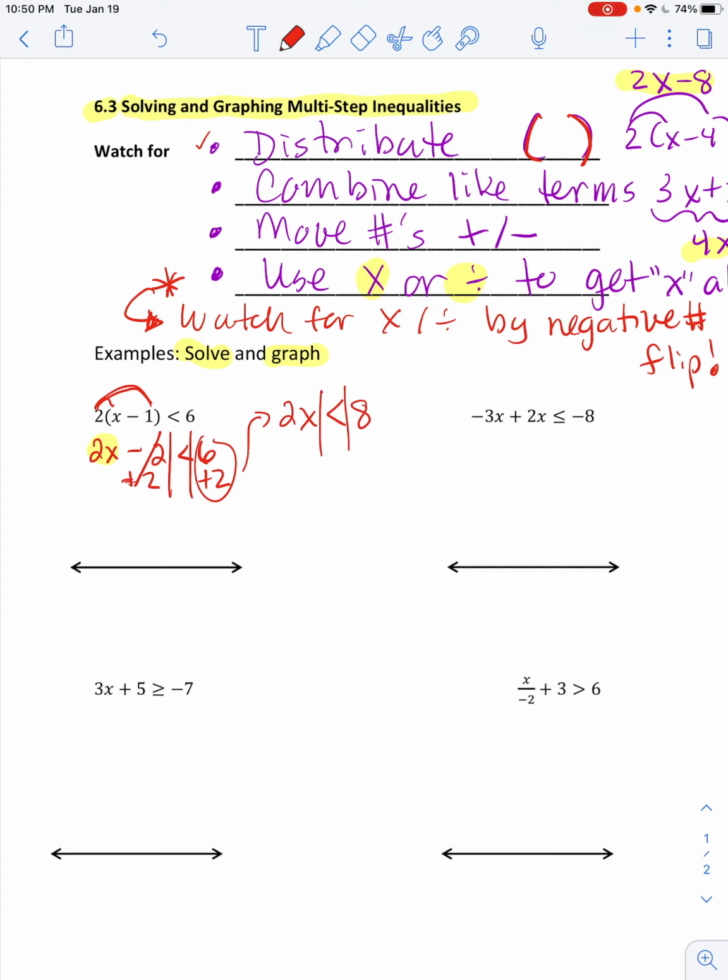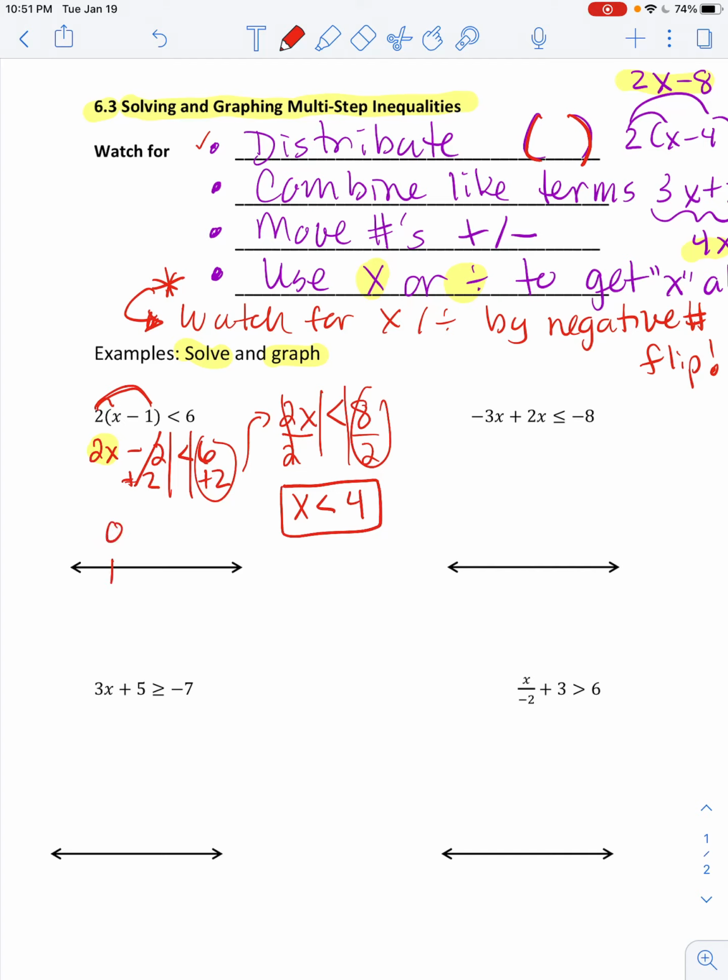To get that x alone, I'll need to divide by 2. I'm dividing by a positive number, so I do not have to worry about flipping the symbol. I just go ahead and divide by 2. So my solution is that x is less than 4.